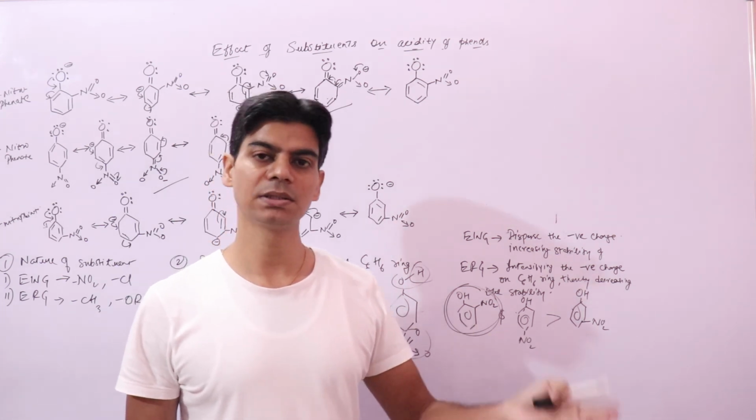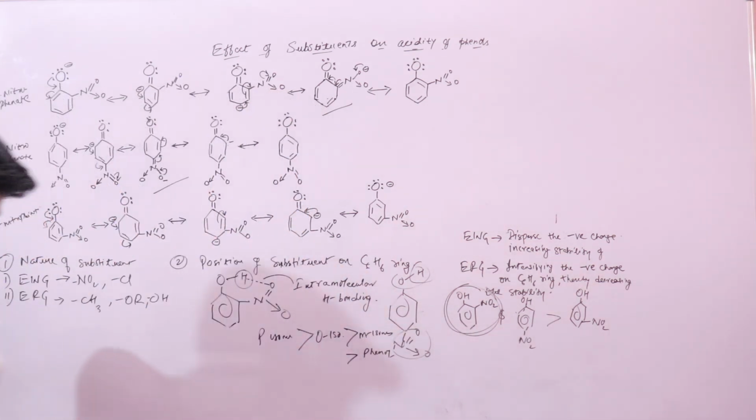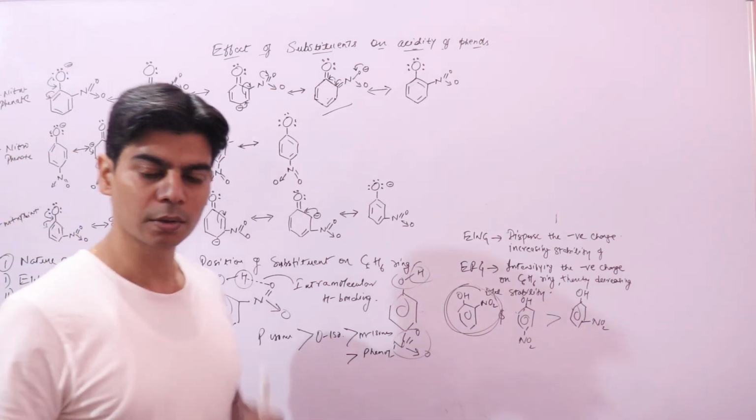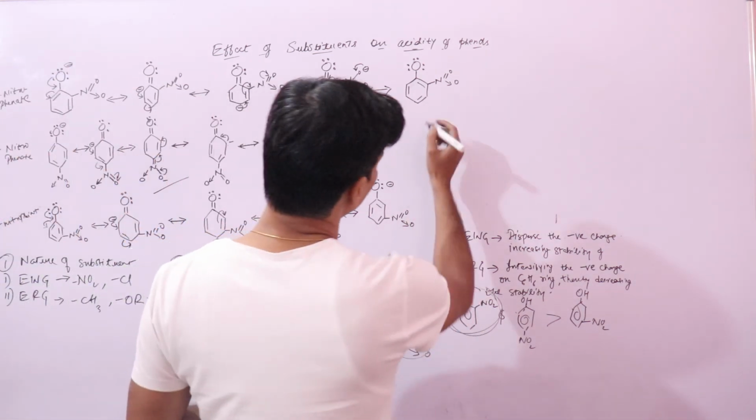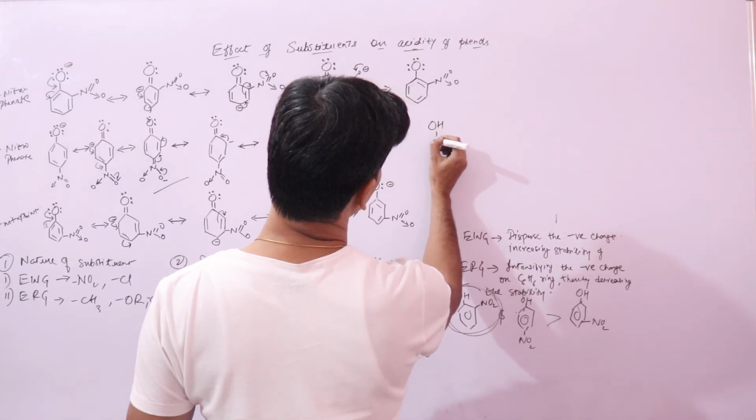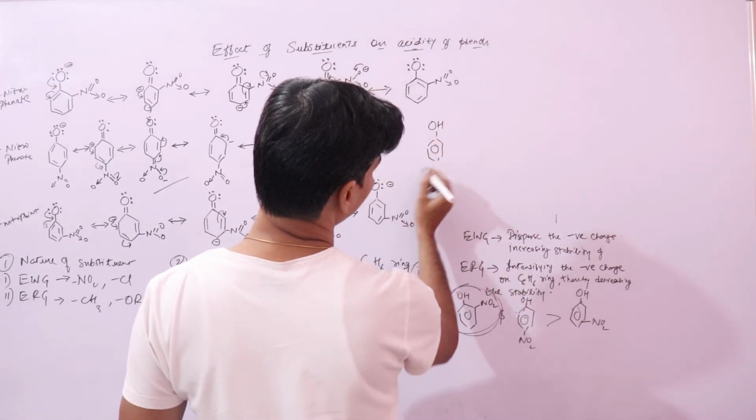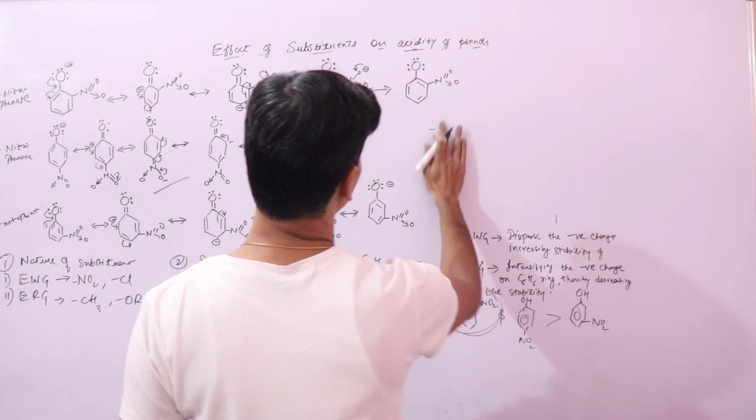Less hydrogen ion means less acidity. So in that case, since that lessens your acidity, phenol will have maximum acidity. Let's write it over here.